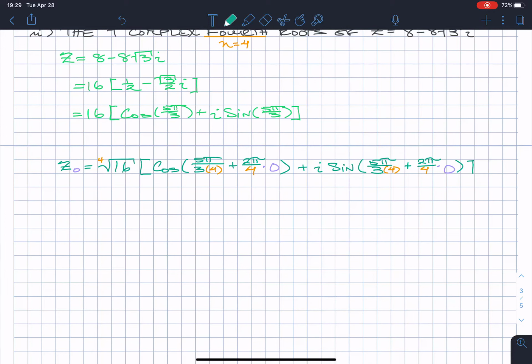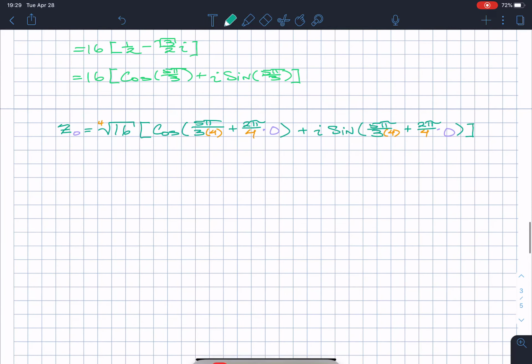Okay, so the second term is 0 in each of these, so the 4th root of 16 is 2. This just becomes cosine of 5 pi over 12 plus i times sine of 5 pi over 12.